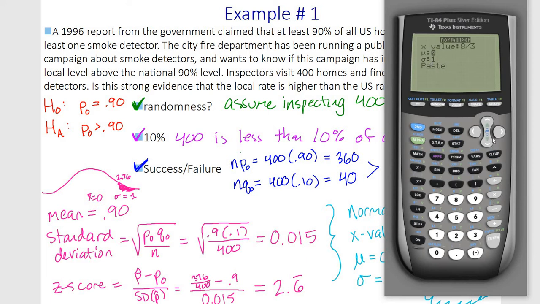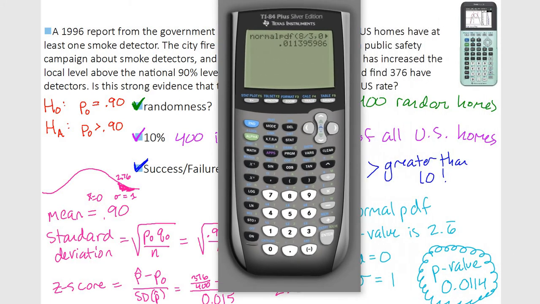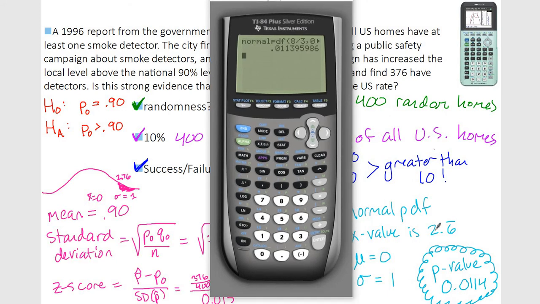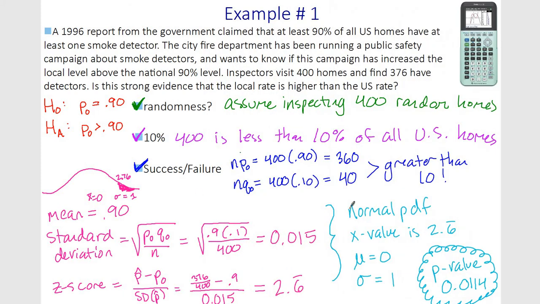Our standard deviation is 1. See, I knew I should fix that. Then our p-value is 0.0114. Notice I had a round there. That's how we can get our p-value, using our formulas.